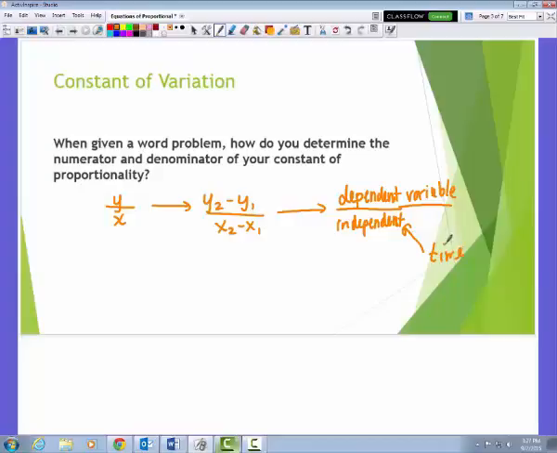And we consider it to be independent because it always increases at the same pace no matter what. It always continues at the same rate. Nothing ever changes about it. It is independent of everything else that's going on. Whether I eat chicken for dinner or I eat salmon for dinner, it doesn't matter because time will go on no matter what I'm eating and it will never change. So my independent variable will always go on the bottom while I'm trying to find my constant of variation or my constant of proportionality.